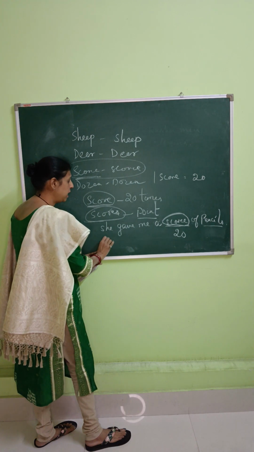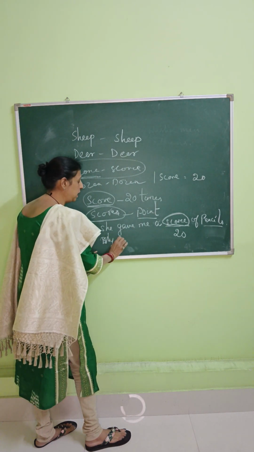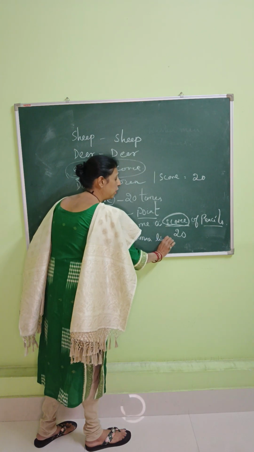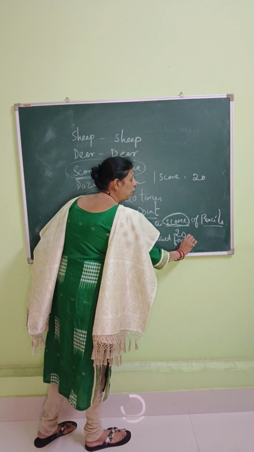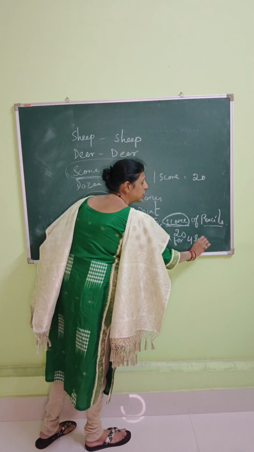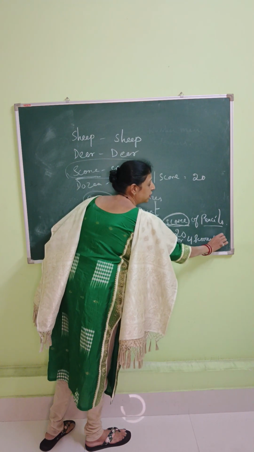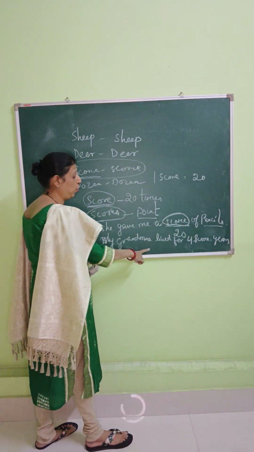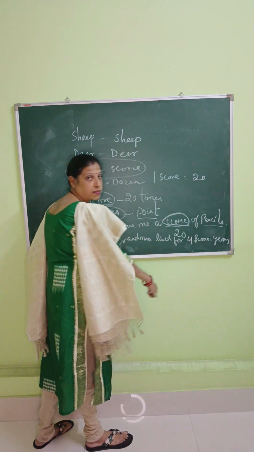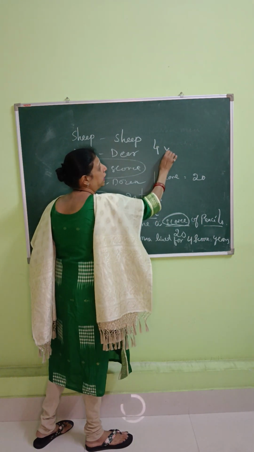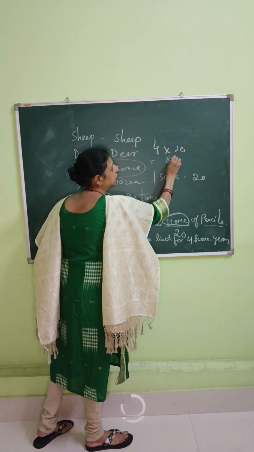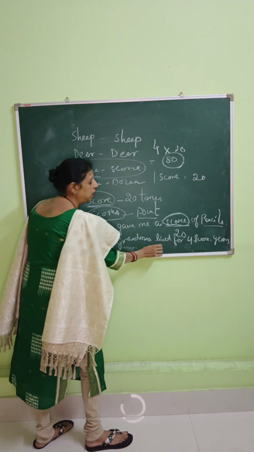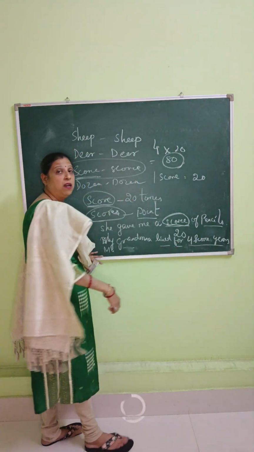Now I'll say, my grandma lived for four score years. It means 4 into 20. This is equal to 80 years. So, my grandma lived for 80 years.